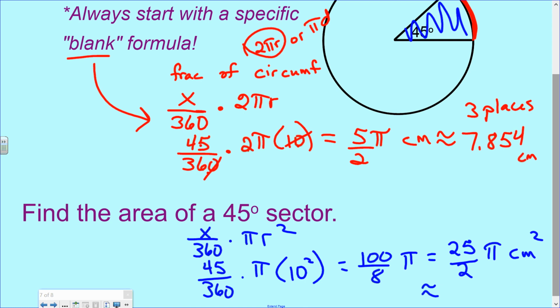I need everybody participating so that you really learn this well. We should be getting 39.270 centimeters squared. Everybody good with that?